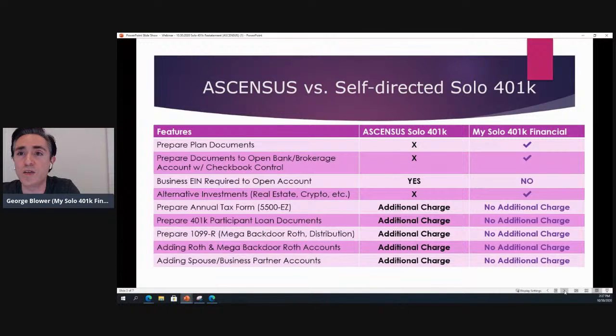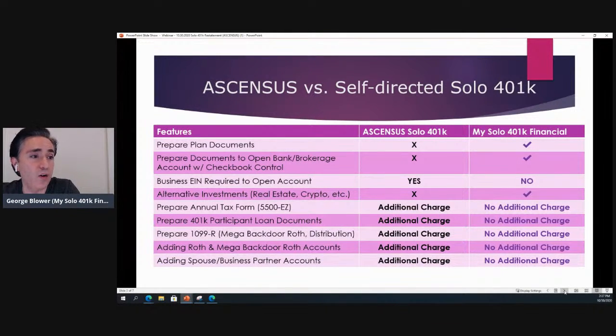So that's going to be things such as an amortization schedule, a promissory note, etc. So we prepare those 401k participant loan documents within 1 business day. We're very quick about that, so you can access your money right away. Whereas with Ascensus, they will do it for an additional fee. Whereas again, for us, it's no additional charge. It's just part of the support that's automatically included.